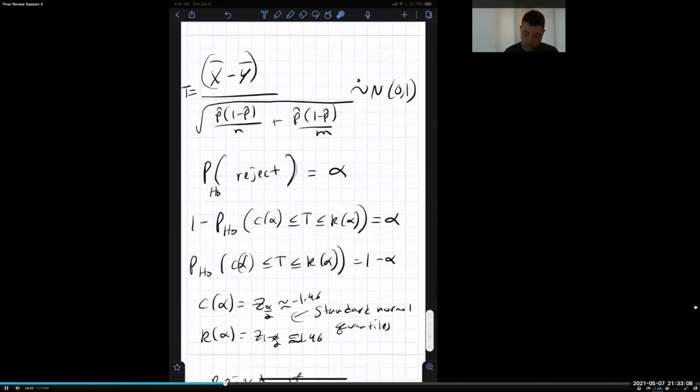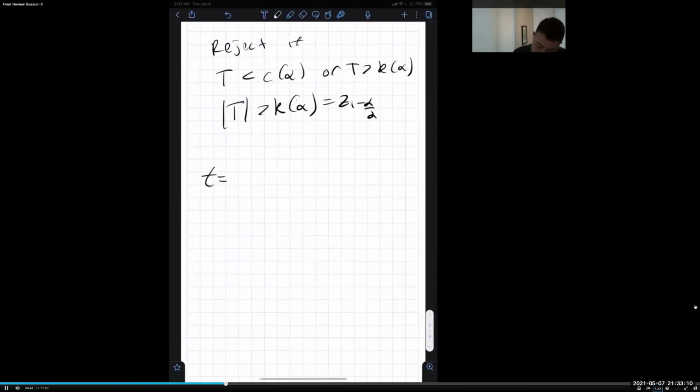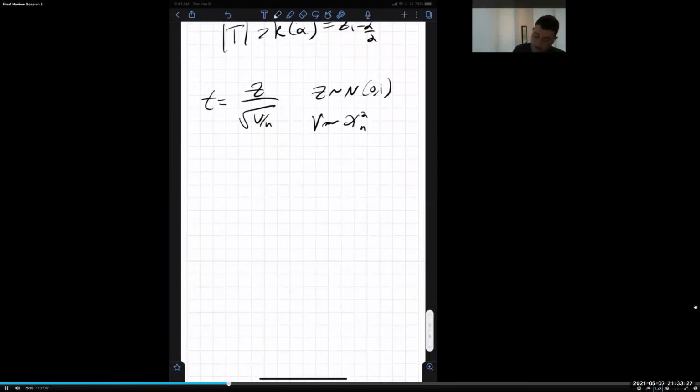For the t-test, when we have a t distribution, it's Z divided by the square root of V over the degrees of freedom, right? We said that Z is normal 0, 1, and V is chi-squared n, and Z is independent of V when we have a t distribution.